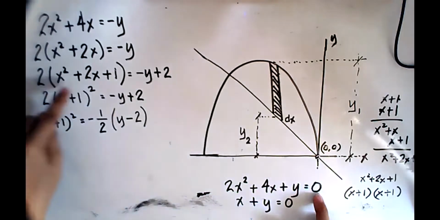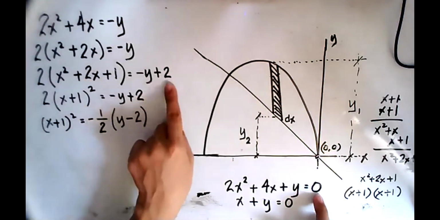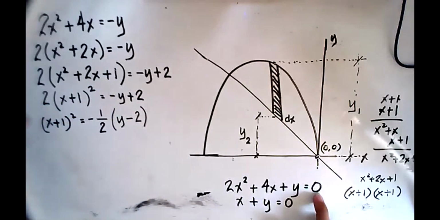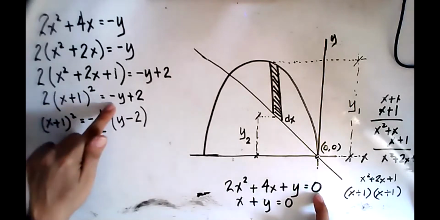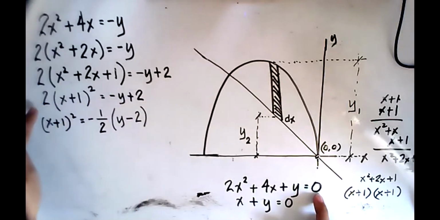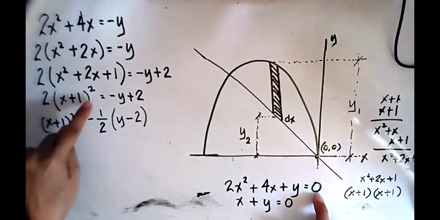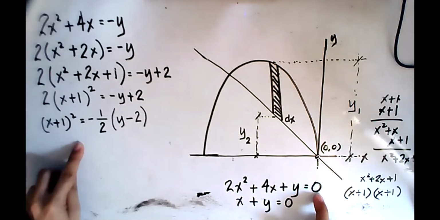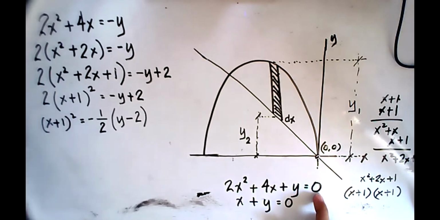Since we added 2 here, we are going to add 2 on the other side of the equation. Further simplifying, it would yield negative y plus 2 is equal to 2 times x plus 1 squared. That means we have x plus 1 squared is equal to negative 1 half y minus 2.